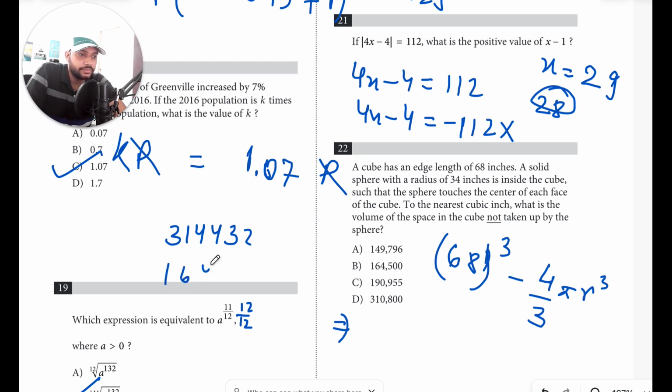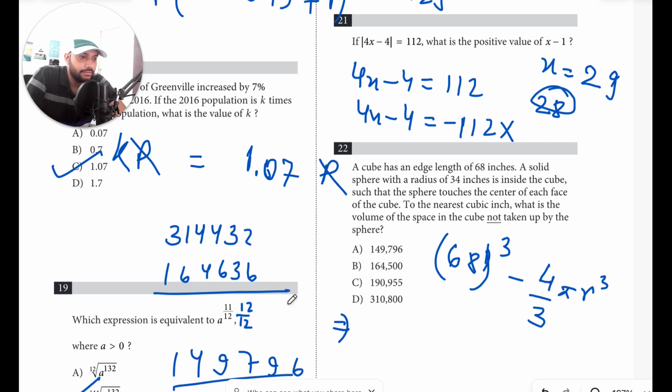That gives 164636. Subtracting, we get 149796. Option A. Absolutely. Okay, let's go ahead and see the next question.